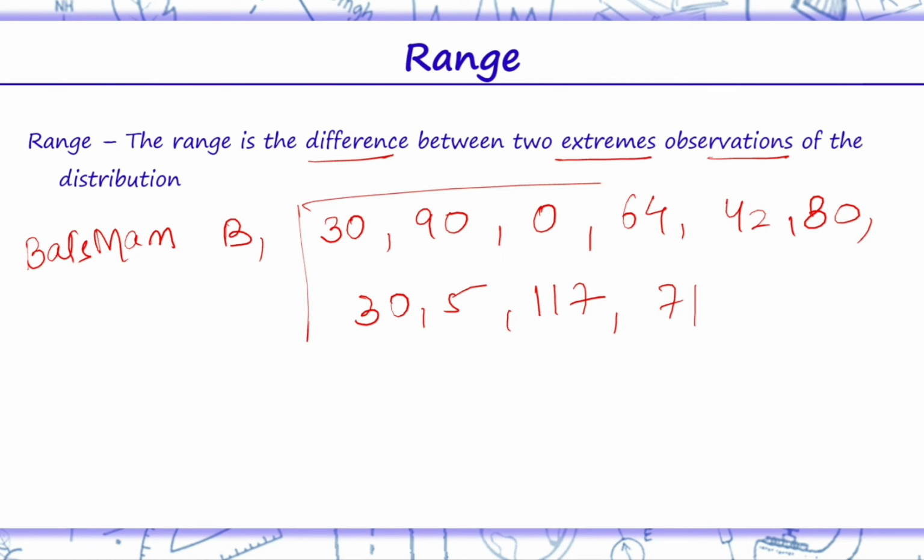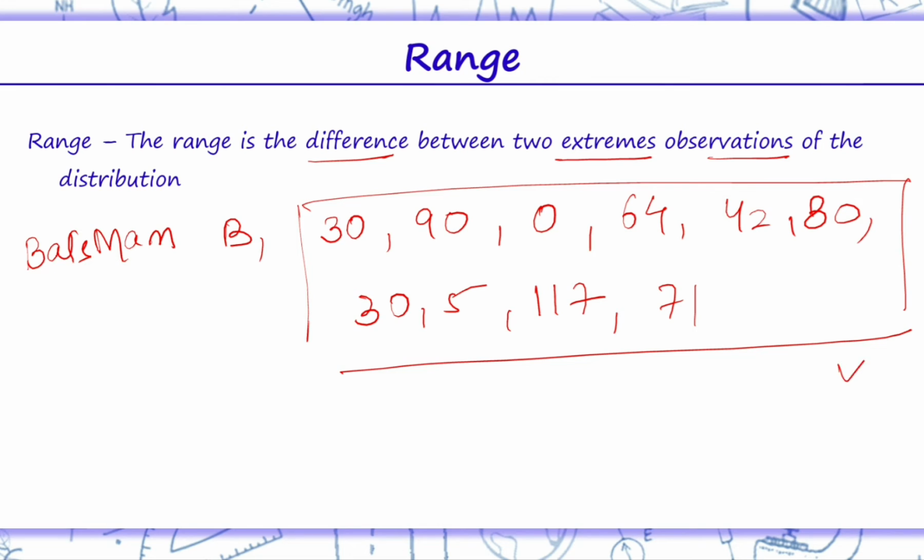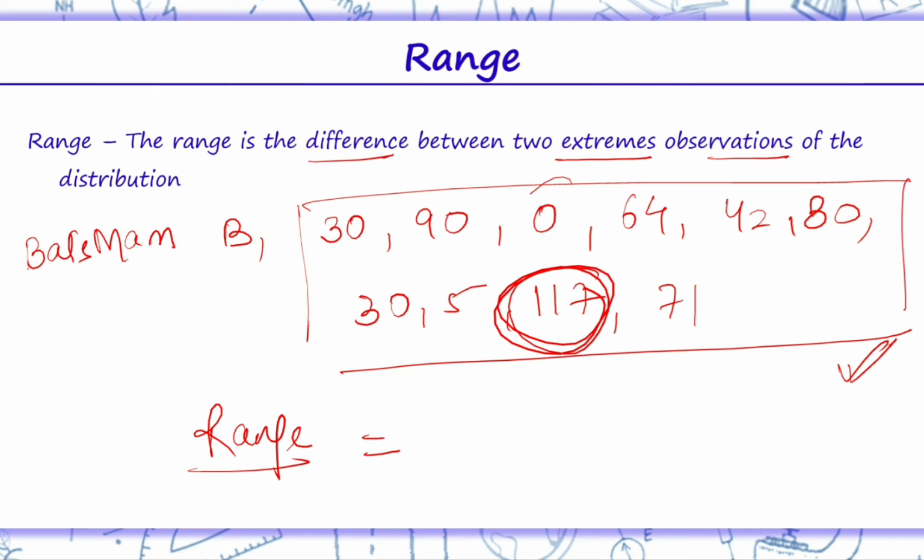These are the scores obtained by batsman B1. If I have to calculate the range, range is the maximum value minus the minimum value. Therefore range will be 117 minus 0, which is 117.